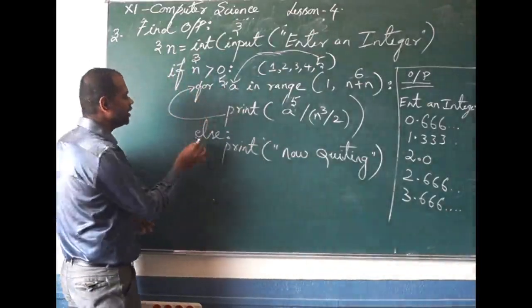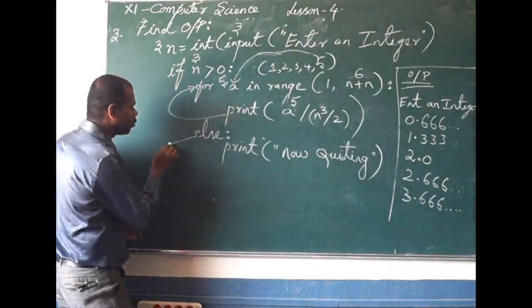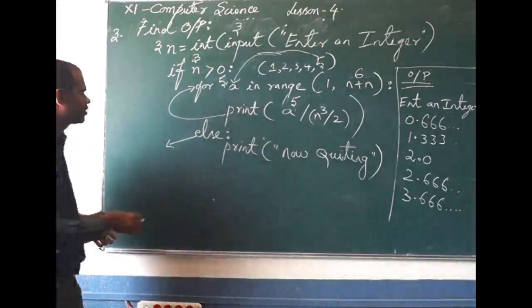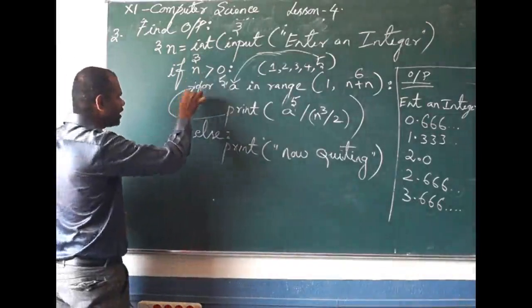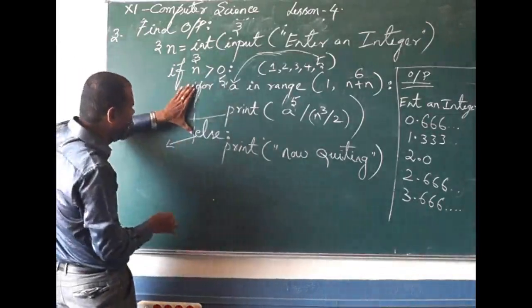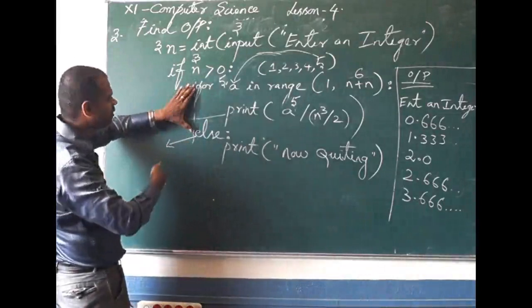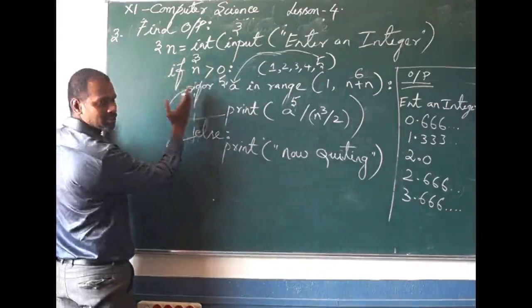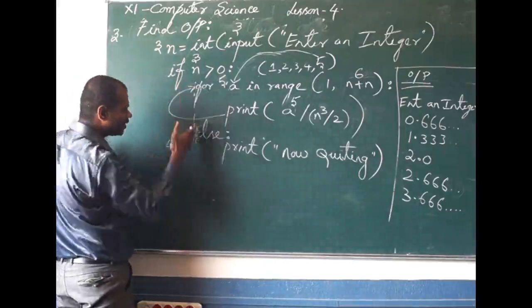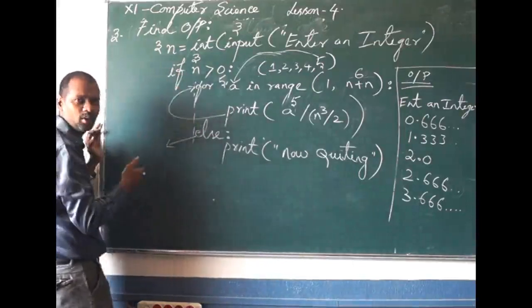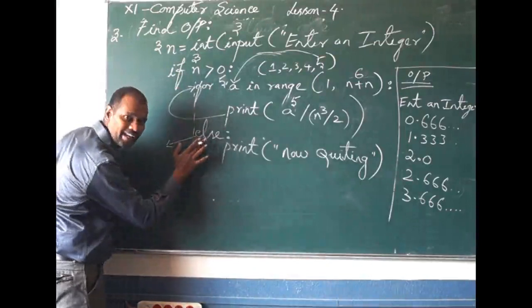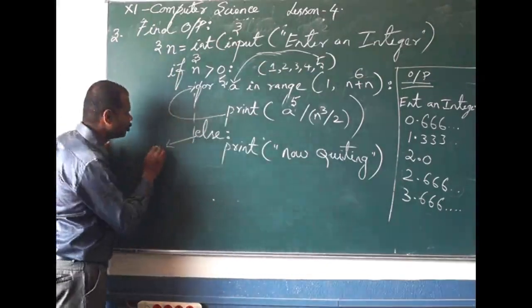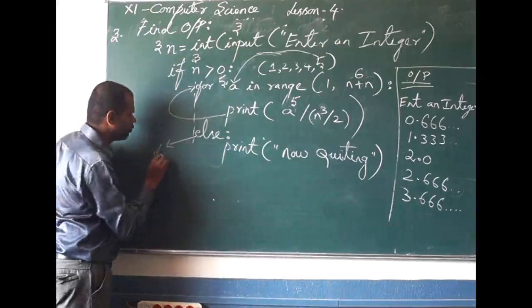This is called if else or for else. The for and the else are both on the same level. The if level and the for level are different, but here the for level and the else level are the same. So this is the for loop else.